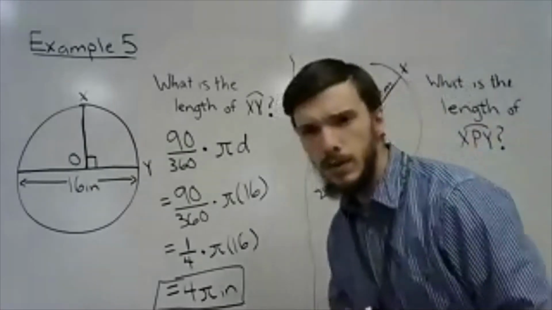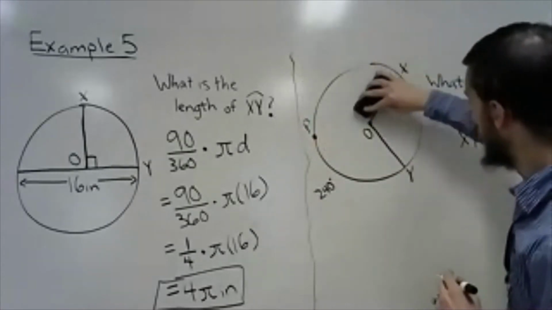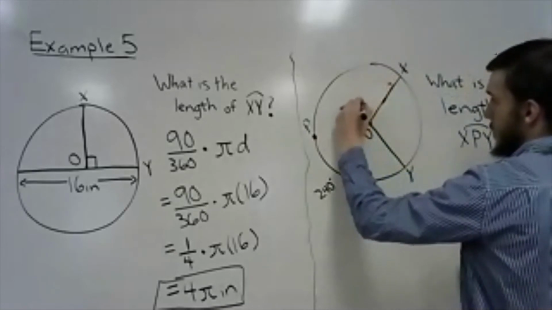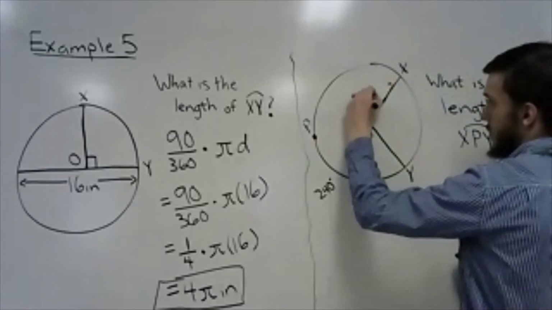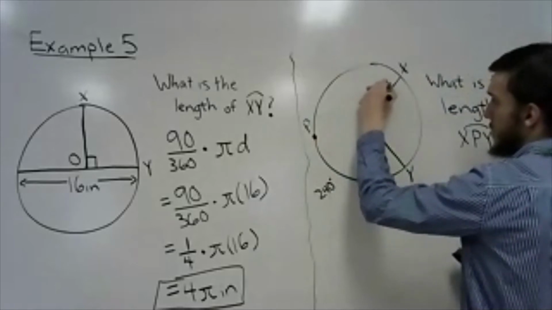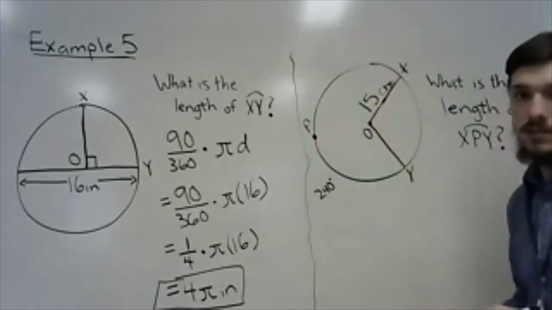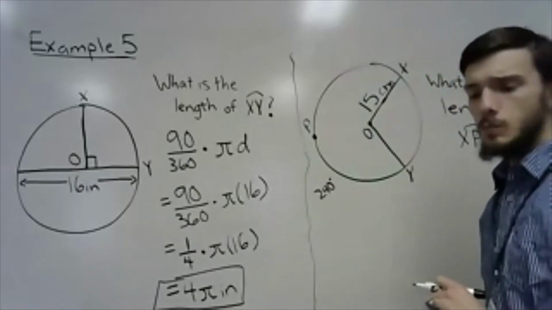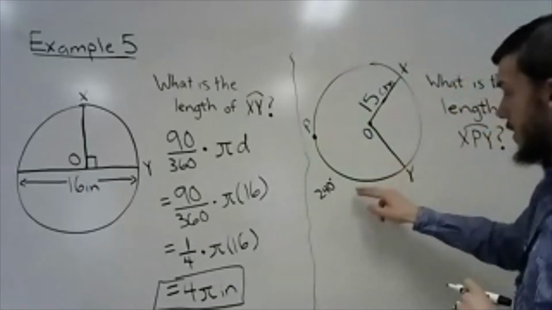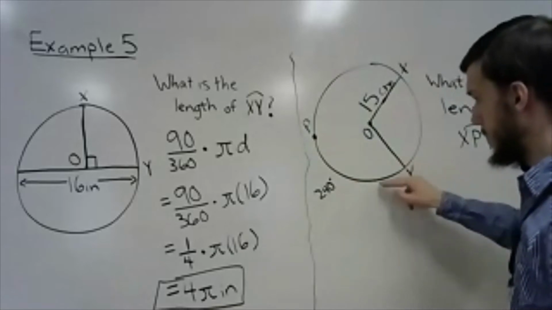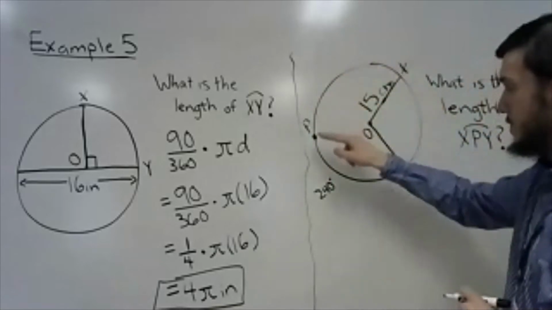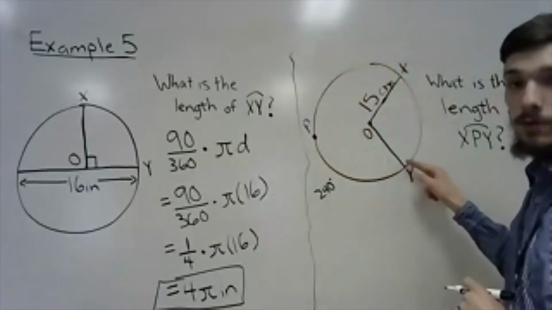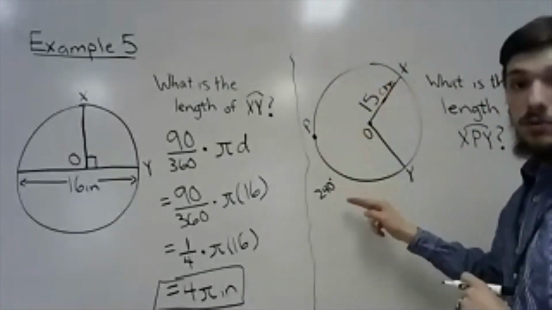And we're given that the radius of this circle is 15 centimeters. And we're also given that the measure of the angle that forms arc XPY is 240 degrees.